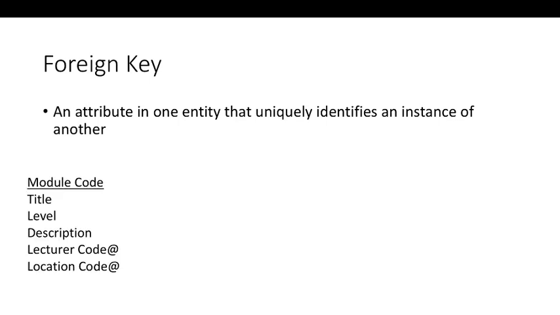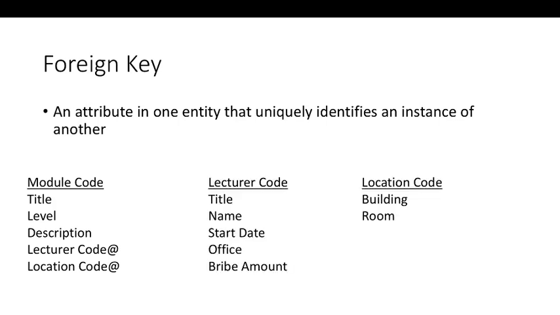And when we write that down, we put it in our format, what we see is we get the ampersands on the end. So if we had a couple of entities here, so we have module code, lecturer code, and location code. So we have some details about the module in the first one on the left. Module code, which is the primary key that uniquely identifies the module, title, level, description, and we store foreign keys of lecturer code, so who's teaching it, and location code, where it's being taught.